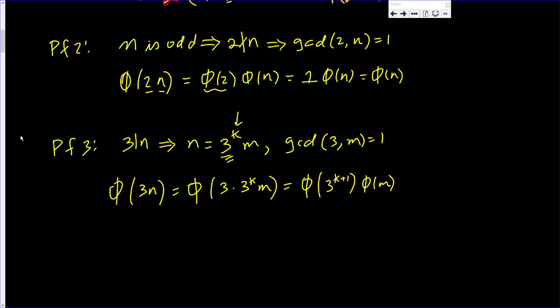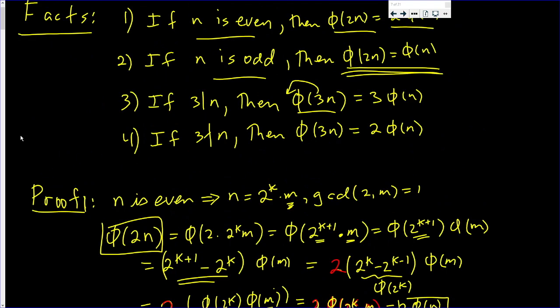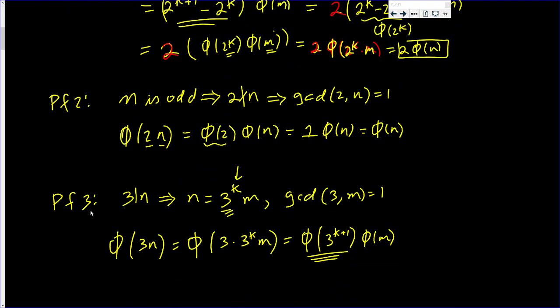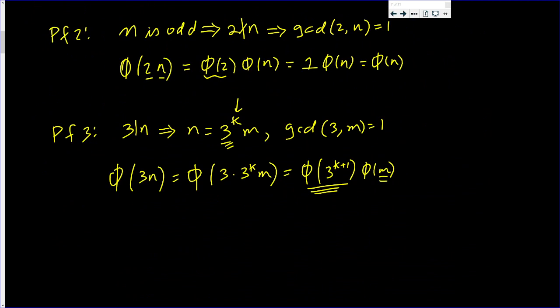Now, I need to get rid of that phi, because I have to somehow factor out a 3. Need to get a 3 in front. And I'm not going to get it from the m, because m doesn't have any 3's in it. So this is equal to 3 to the k plus 1 minus 3 to the k times phi of m.